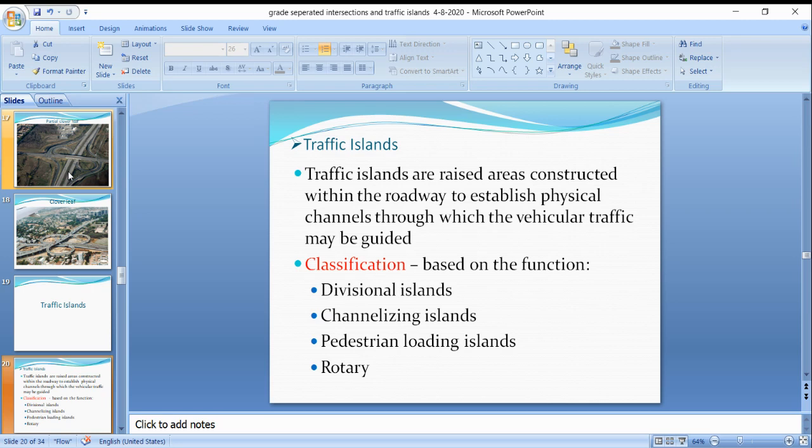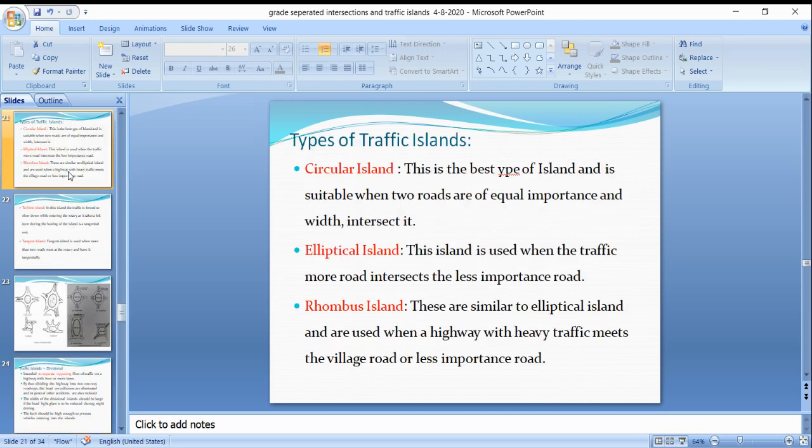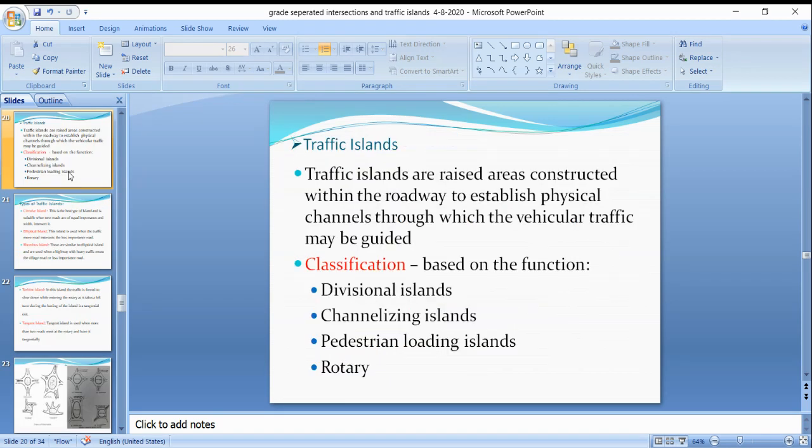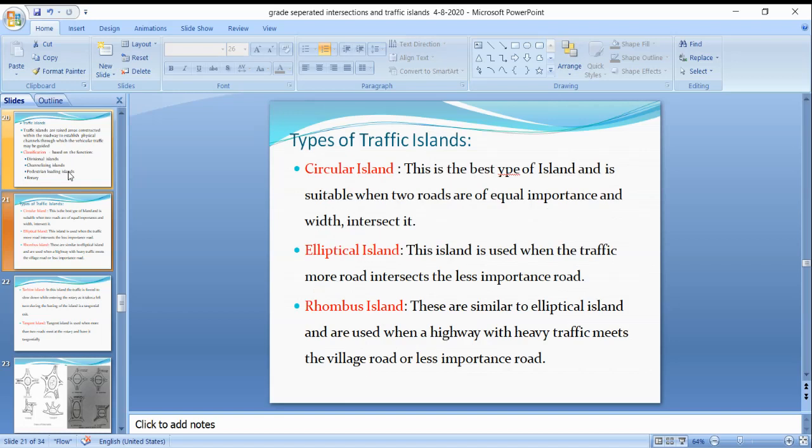All the vehicles are compelled to move round the island in one direction only. We are guiding the vehicles to move in one direction. There are different types here above, and the same classifications can be called like this.